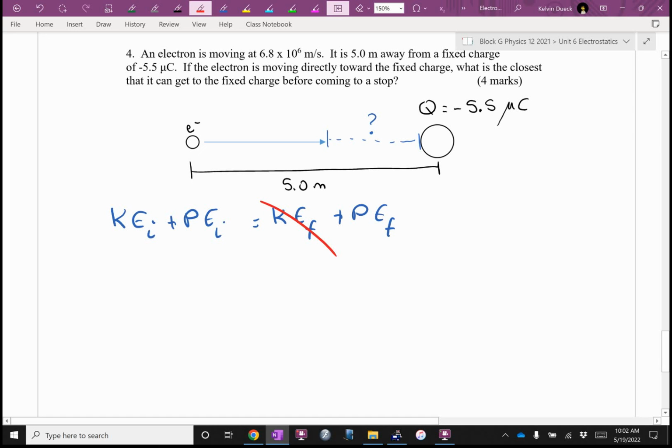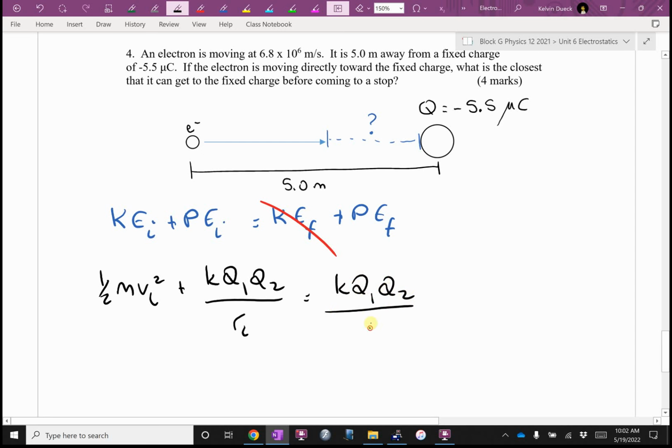Did we start from a very long distance away? It'd be nice if we did, but I guess not. So it's going to be a half m v initial squared plus k q1 q2 over r initial equals k q1 q2 over r final.